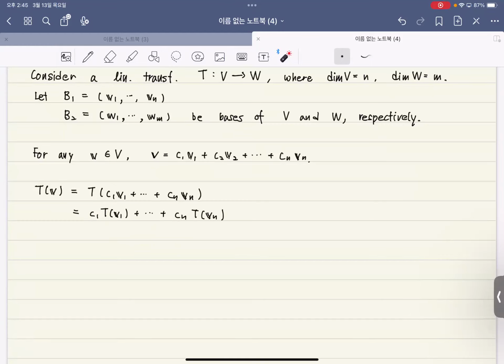All right. So now we understand that computation of these basis vectors is very important to understand the linear transformation.